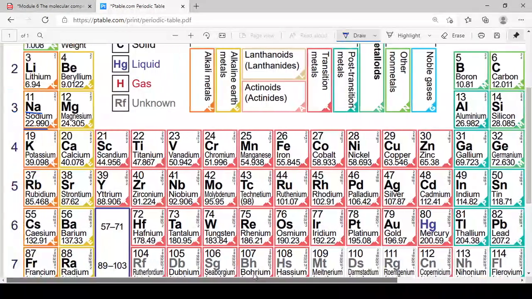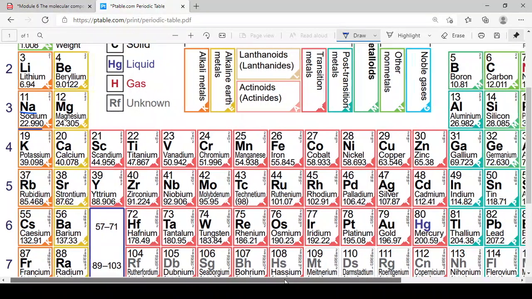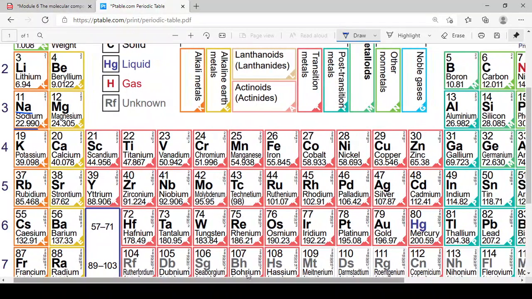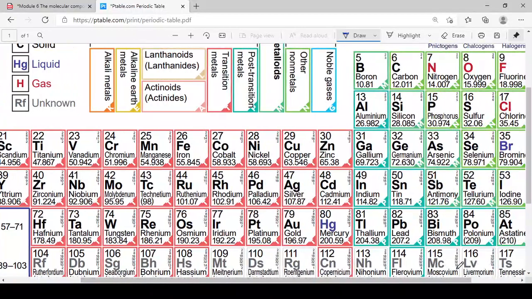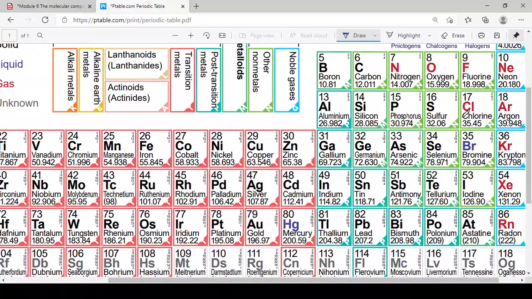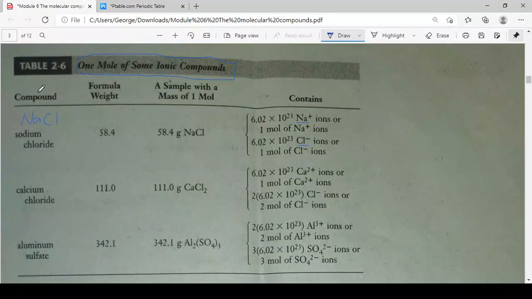So this is your sodium, and its atomic mass unit, or formula weight, is below it. Sodium contains an AMU of 22.990, or simply, we round it off to 23. Next, chlorine is 35.4. Here is our chlorine, 35.4 or 35.45. So to get your formula weight, we write Na first.